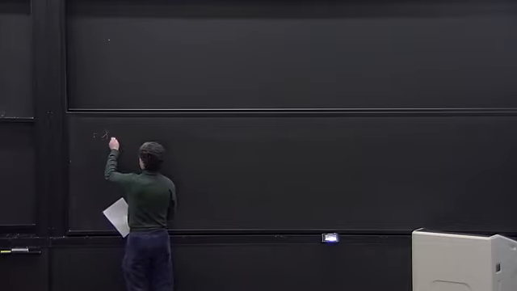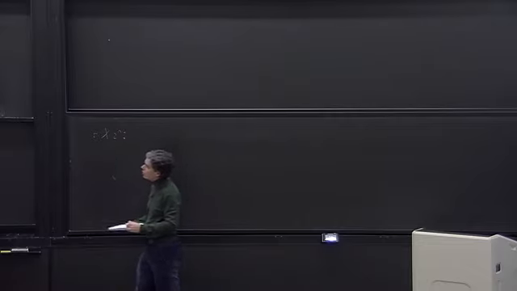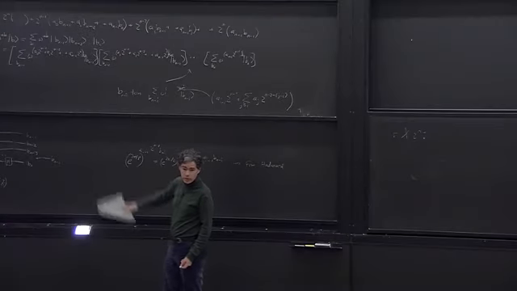Okay, so what happens when R does not divide 2 to the n? Remember what happened at the point where we're measuring the ancilla register up there.